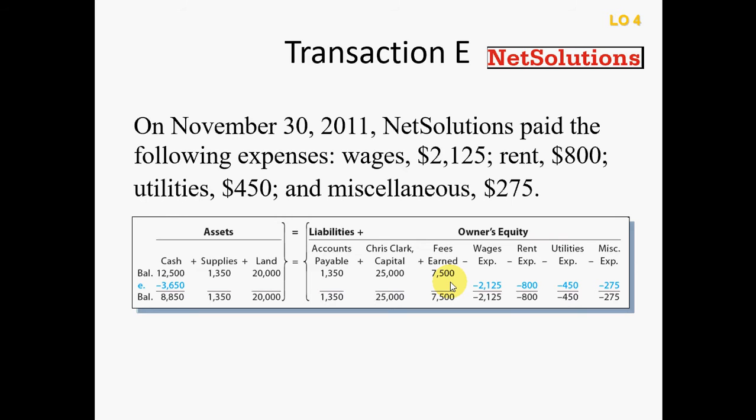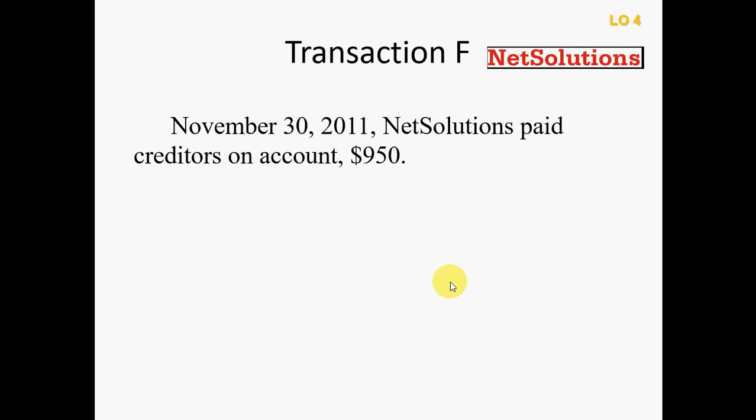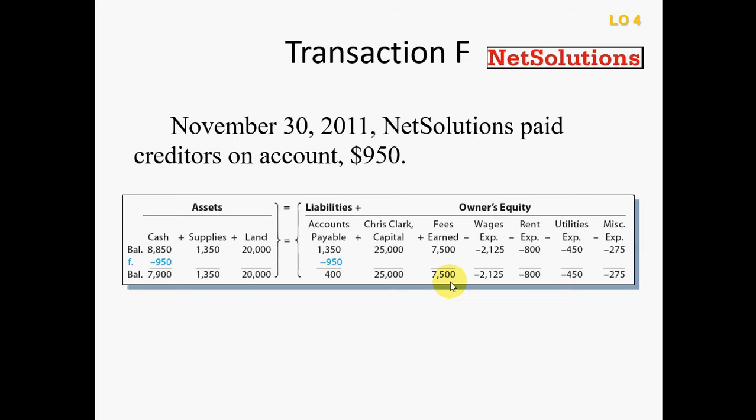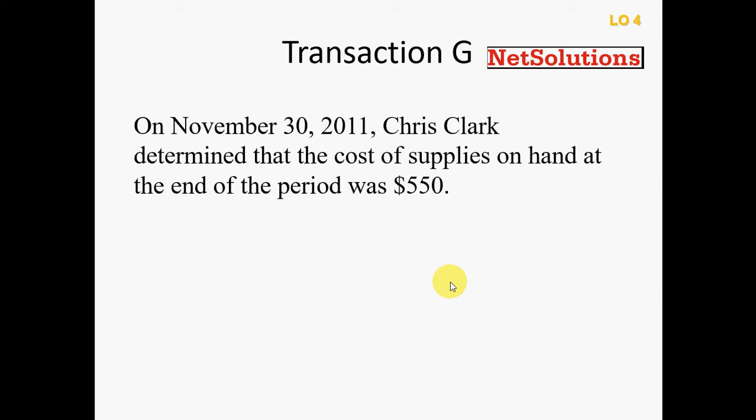On November 30th, 2011, Chris Clark determined the cost of supplies on hand at the end of the period was 550. If we remember, the supplies were purchased on the 10th of November for 1350. So do you think that these supplies of 1350 will remain till the end if the business is running? No, they will be used up, and we are left with how much?